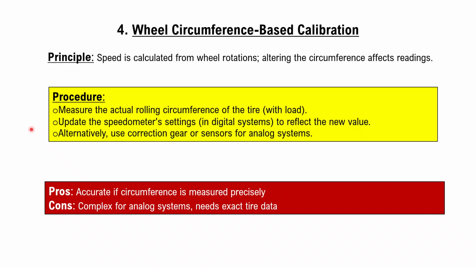Update the speedometer setting in the digital system to reflect the new value. Alternatively, use a correction gear or a sensor for analog systems. Its pros are it is accurate if circumference is measured precisely. Its cons are it is complex for analog systems and needs exact tire data.